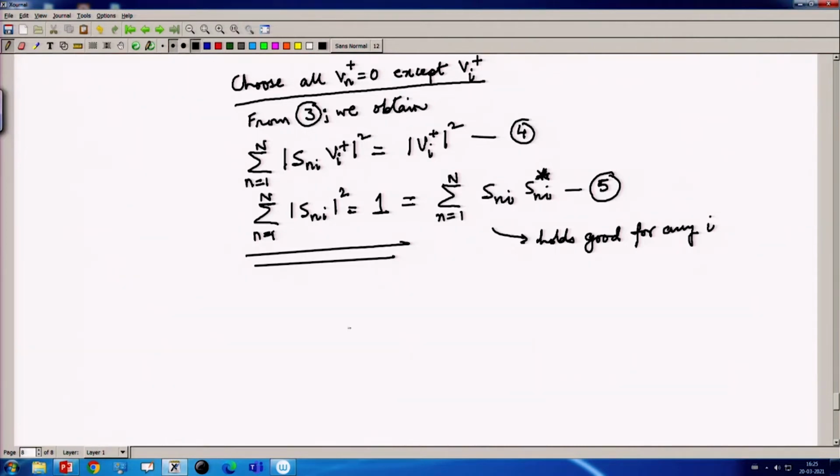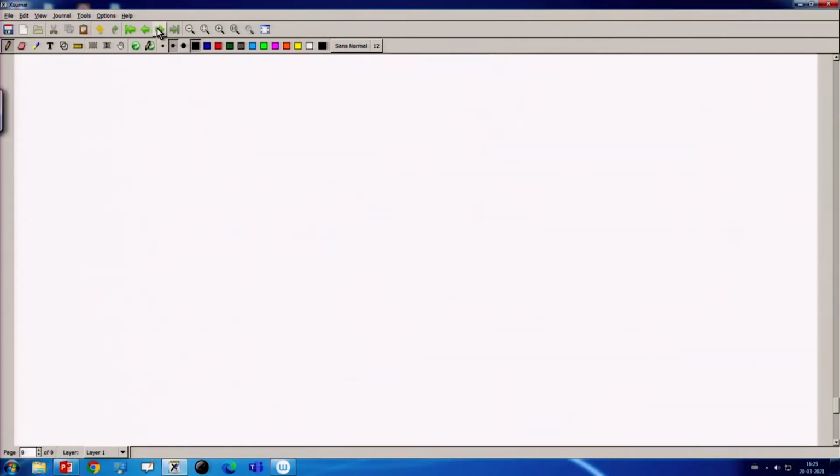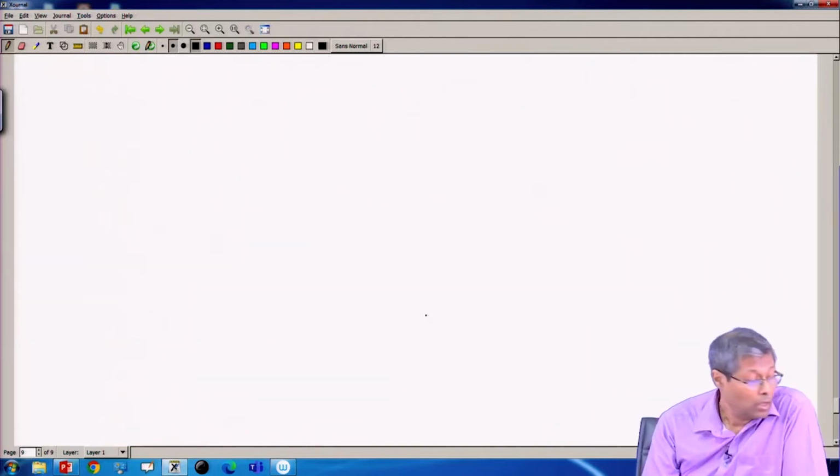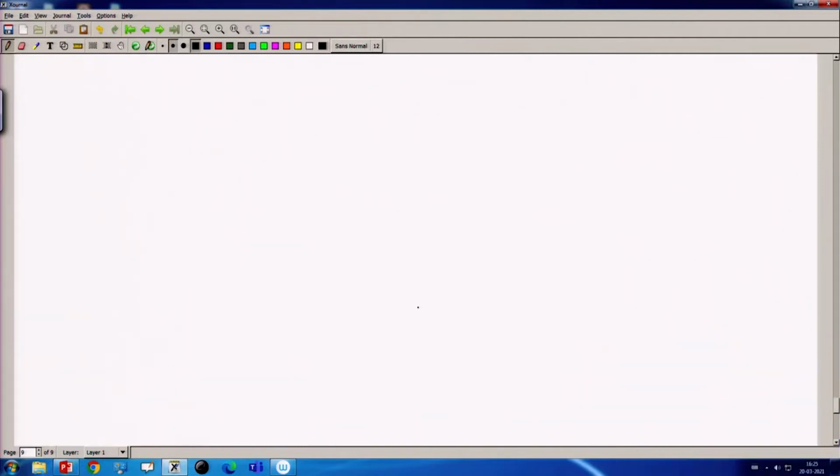In order to go to the next phase of the relationship, particularly to find out what happens if we do not choose one particular column, if we choose two different columns, what is going to happen? We go to the next proof, and for that we will choose all V n to be 0, all V n plus to be 0 for all n except n is equal to s and r.